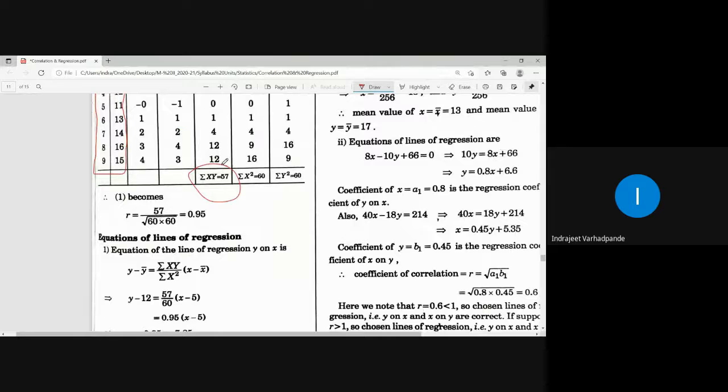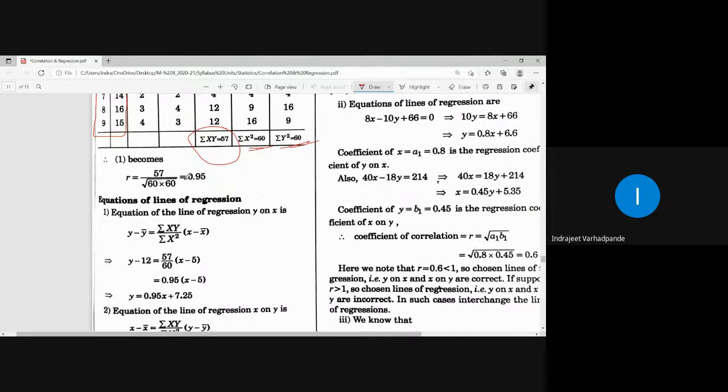Summation xy is this, summation x square, summation y square. Putting all this in the formula, r is equal to 57 upon under root of 60 into 60. Value comes out to be 0.95. So value for r is 0.95, positive value, less than 1, positive correlation.